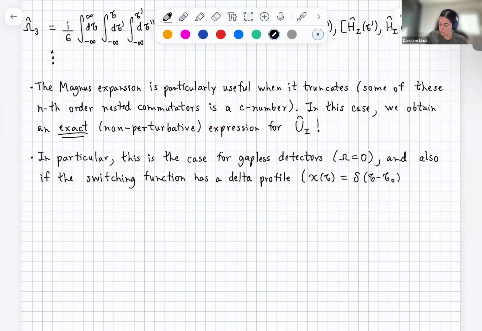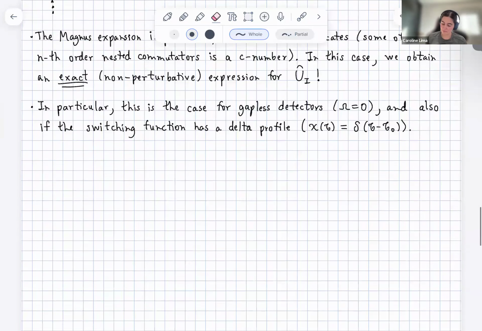It's just going to couple at one instant of time. People argue that these are also not very realistic, right? If you're doing an experiment in your lab, you're not going to couple something as a delta coupling, right? Like just in one instant of time. There's always going to be some finite time of interaction.